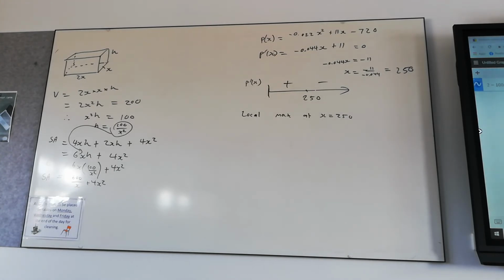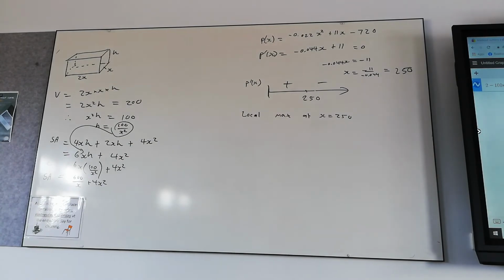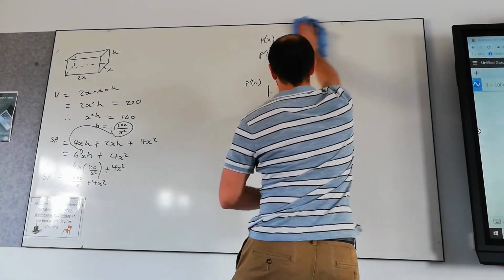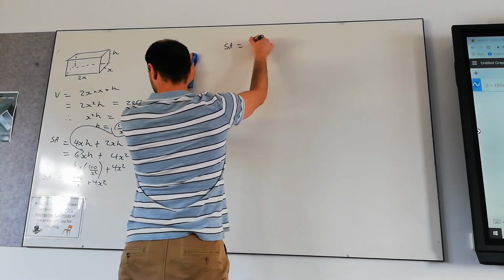Okay, find the minimum inner surface area. So we've found our function. The next step, find the surface area derivative. Before we can do that, we need to express everything at the top of the fraction.